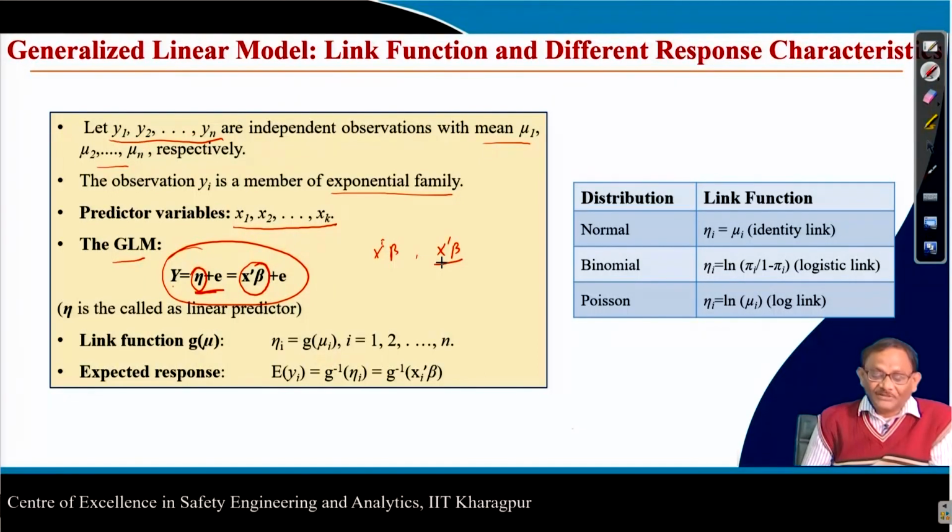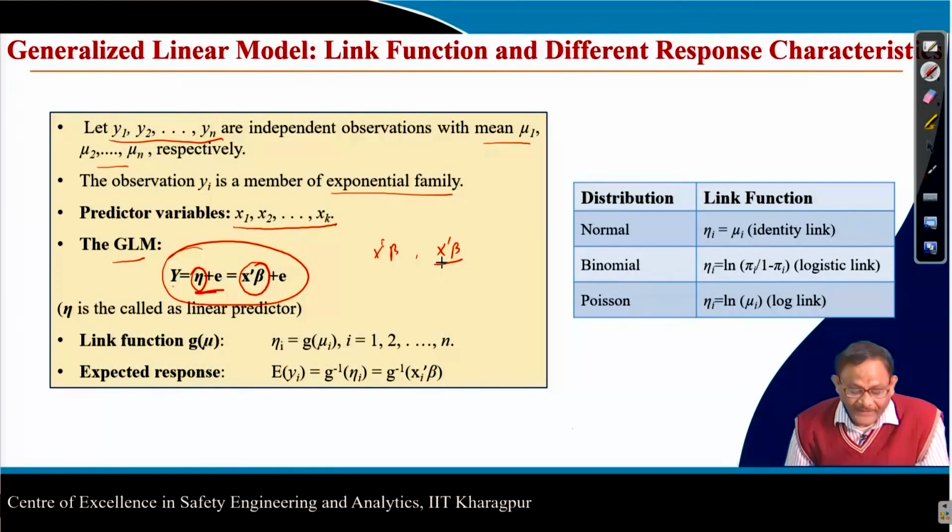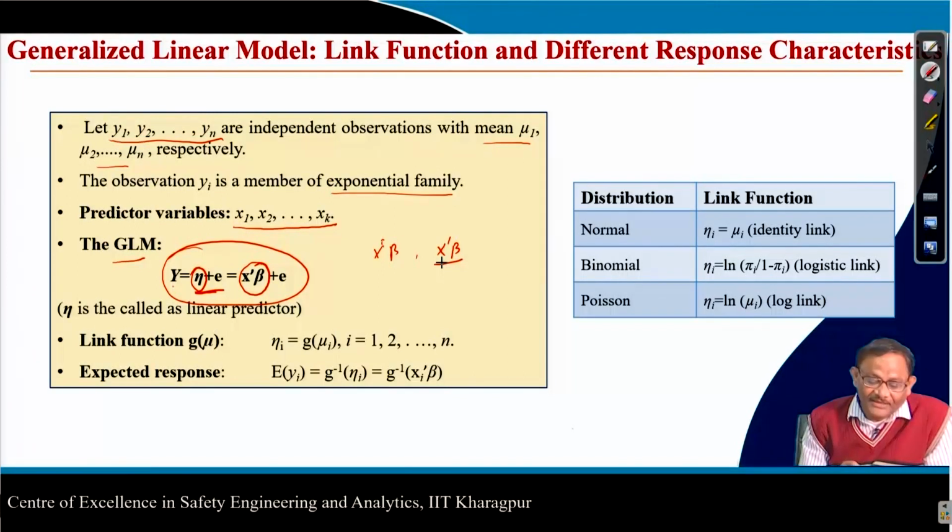Beta is the relationship coefficient. Now the issue is what will be the eta value? That function is called the link function. So how eta is determined, that is the link function.